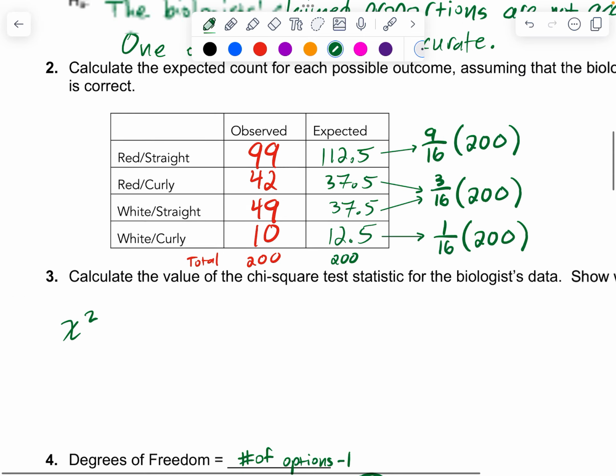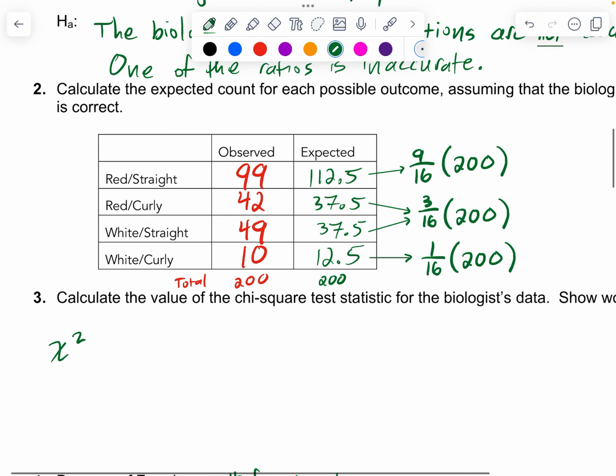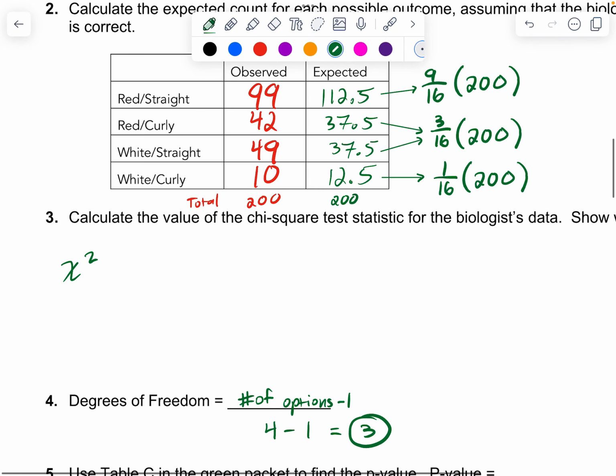All right, to get the chi-squared test statistic, it is always observed minus expected, squared, over expected. And you do that, you add up all 4 of the categories.